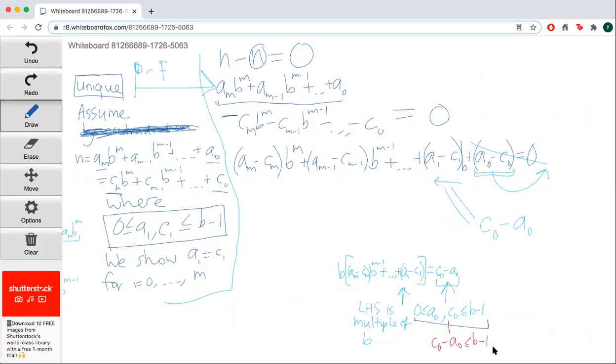And then what's the smallest possible value? Someone want to tell me? Yeah, so Nathan's got it. It's 0, and we can do that just by setting A0 equal to C0.